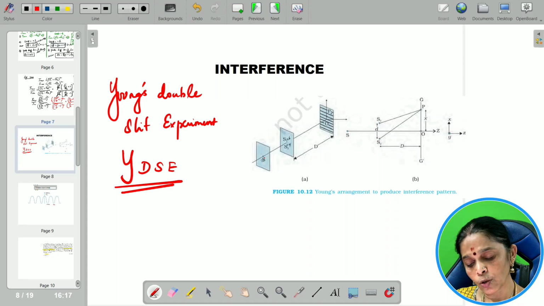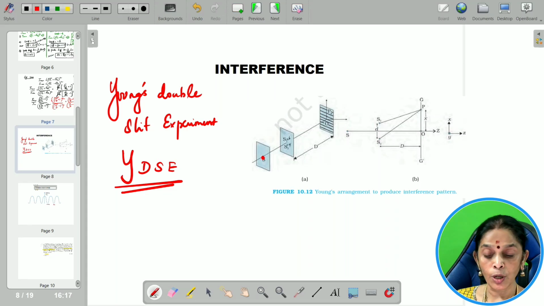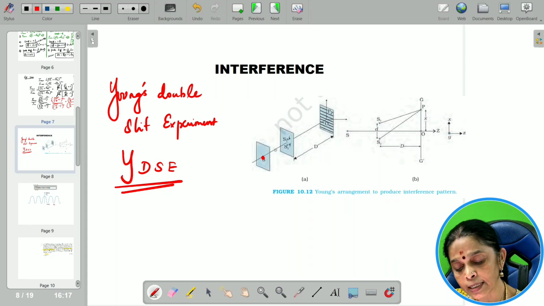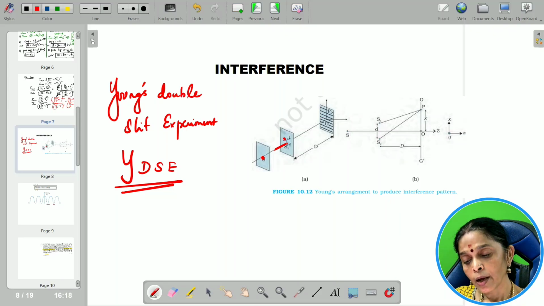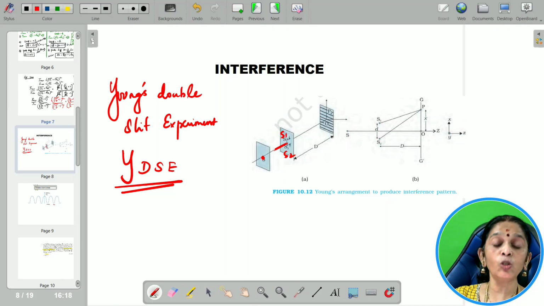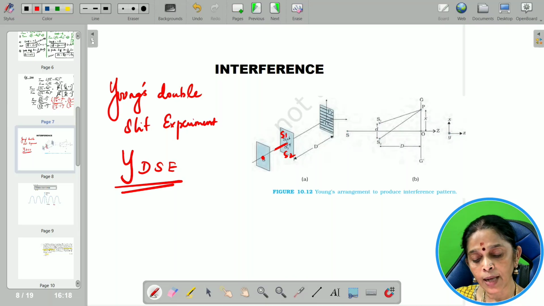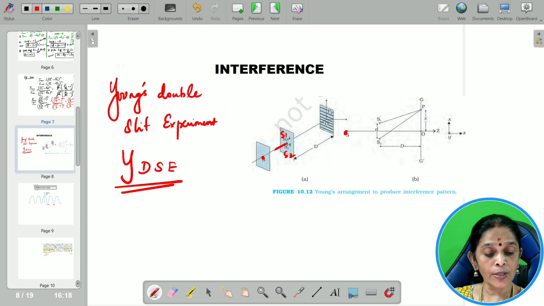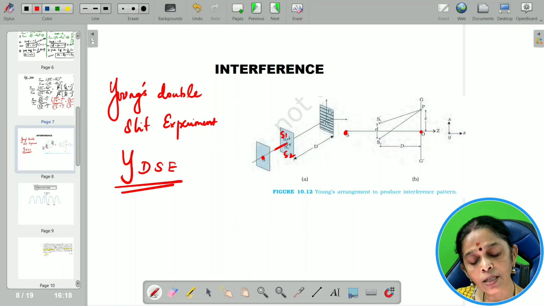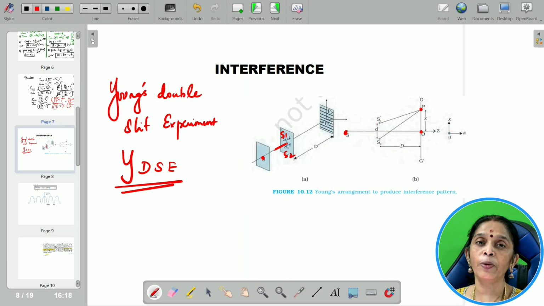This is the source of light, a monochromatic source of light. It is allowed to fall on the two slits S1 and S2, and the two slits S1 and S2 form a coherent source. Superposition occurs and then an intensity pattern falls on the screen. So this is the standard diagram here. S1 and S2 are the two slits. The light waves interfere and there is a possibility to meet at point O. There is also a meeting at point P.